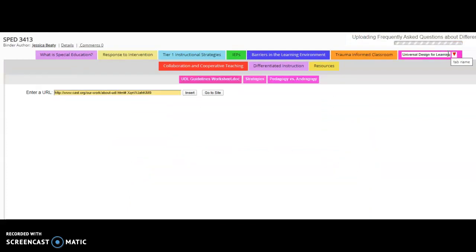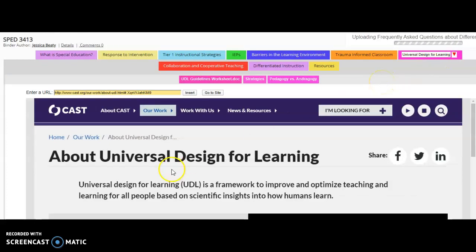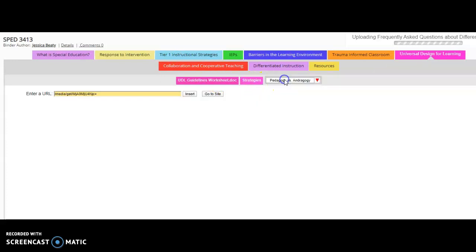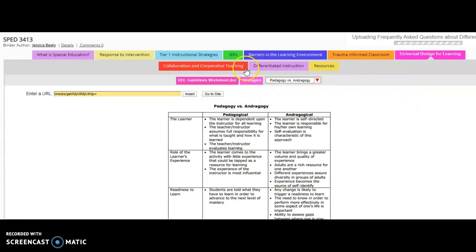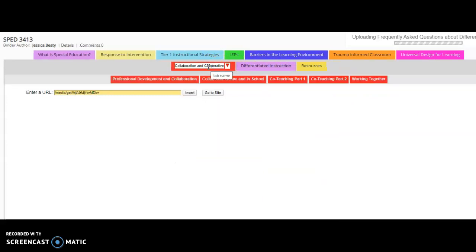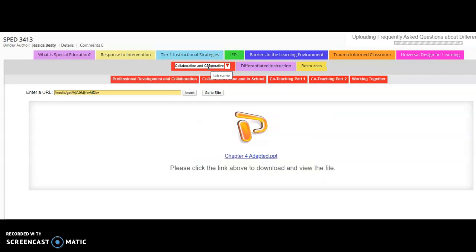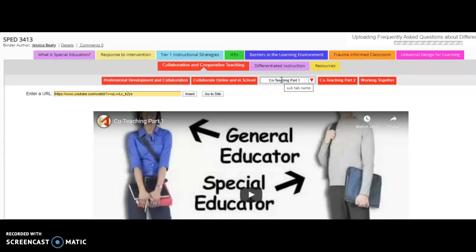And then we have the universal design for learning, and the guidelines worksheet, the strategies, and then pedagogy versus andragogy. And then we have collaboration and cooperative teaching on how to, as the general teacher, work with the special education teacher.